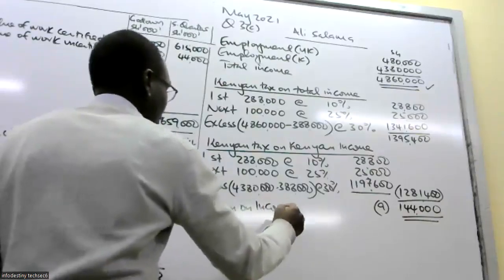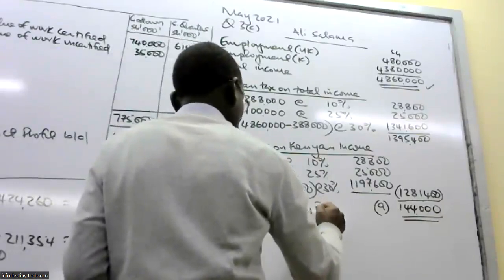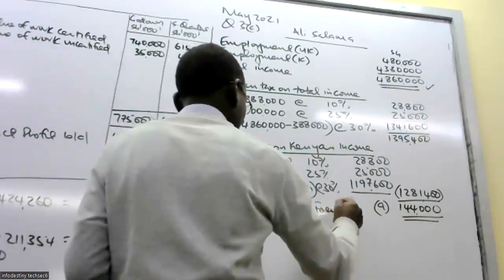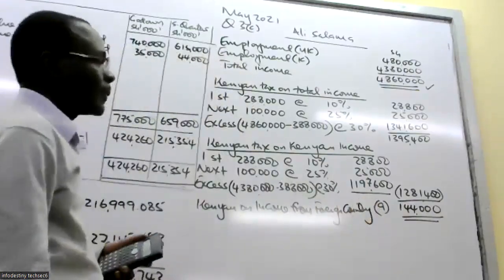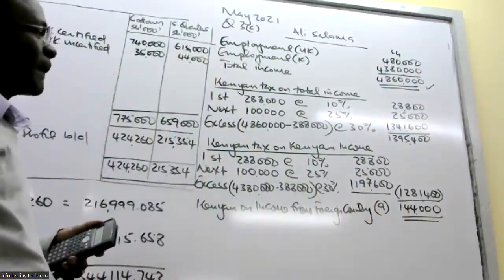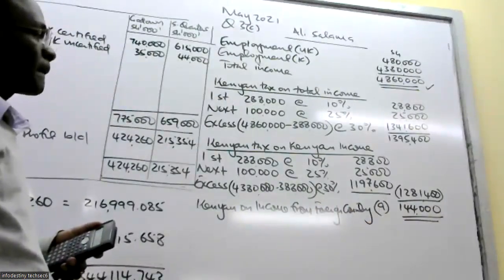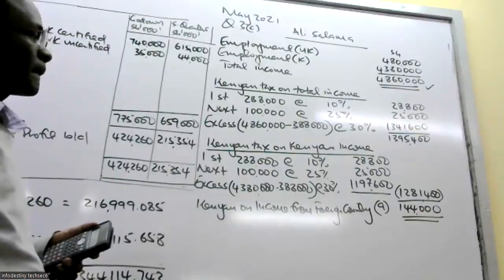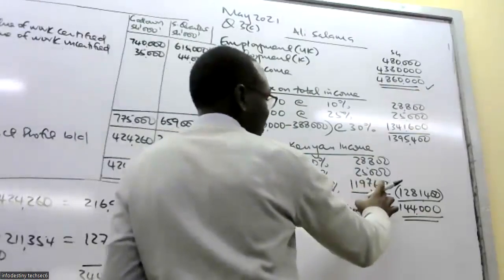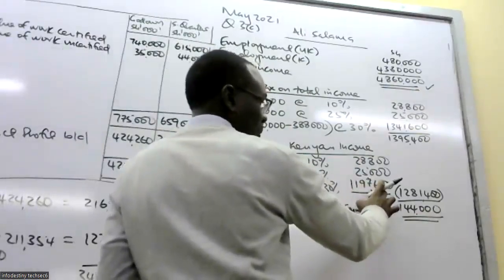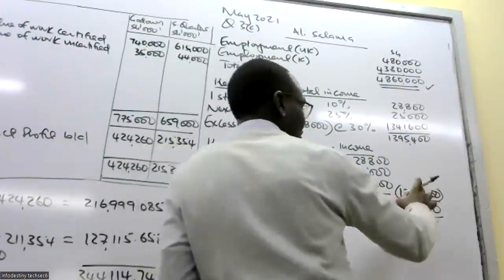Income from foreign country. On 25, is this okay? 1,197,600 is okay. Then you get this one on 25.